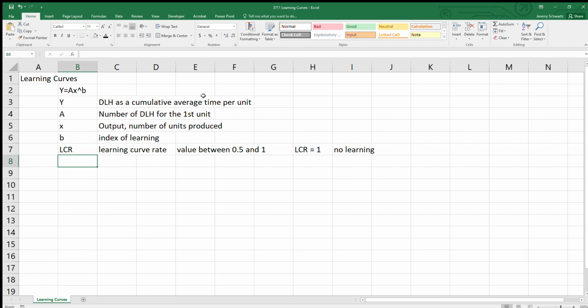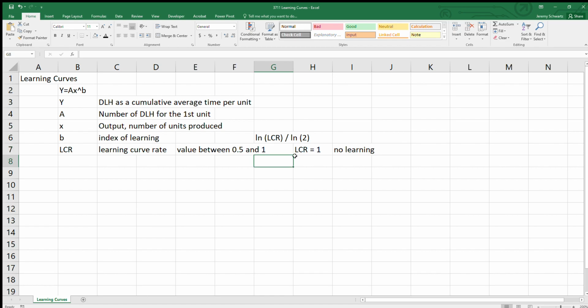As far as the potential values for b, when we do this index of learning, we are looking at the natural log of the learning curve rate divided by the natural log of 2.